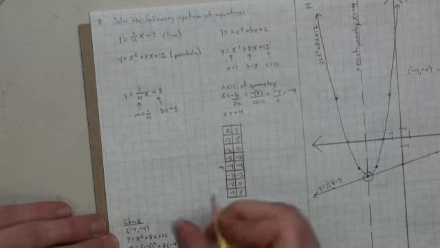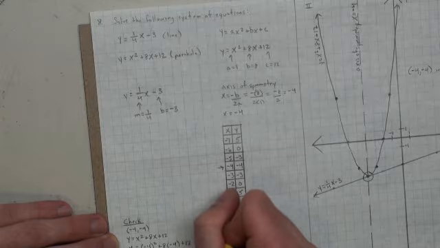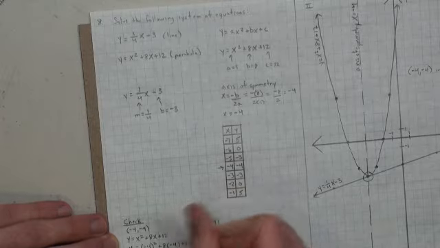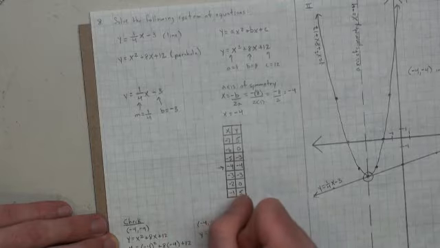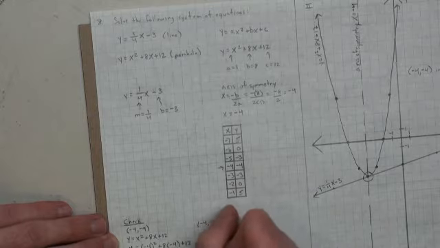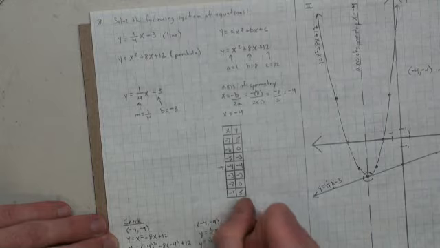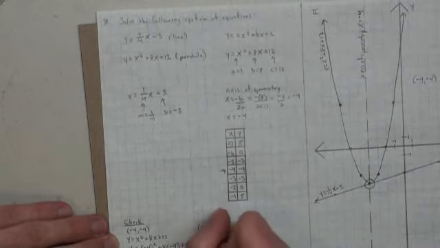So that checks. And let's just check it in the linear equation. We have y equals 1/4 x minus 3. So y equals 1/4 times negative 4. Whoops, that should be negative. The y turns into a negative 4.